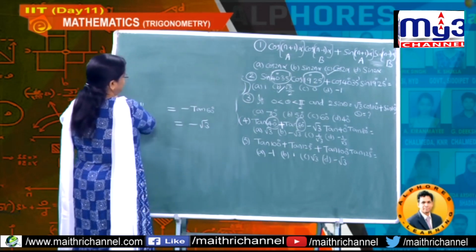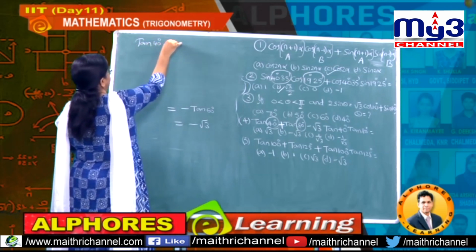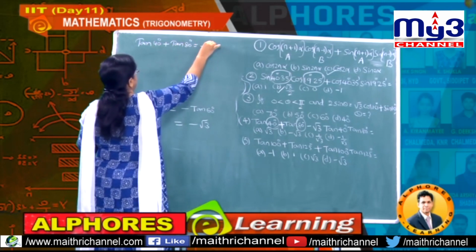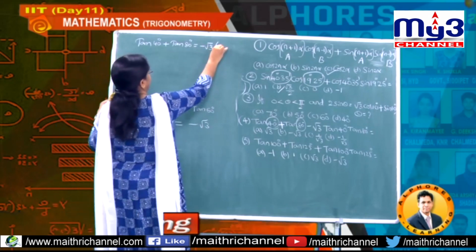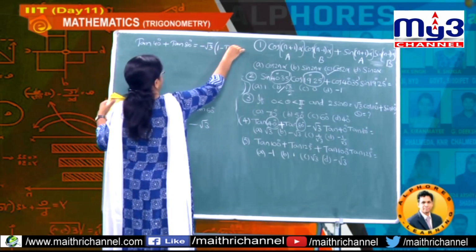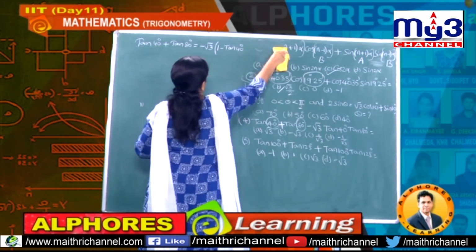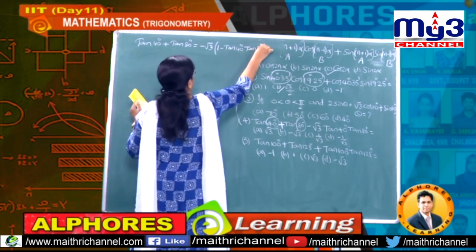So if I write cross multiplication, tan 40 plus tan 80 equal to how much will you get now? Minus root 3 times the entire denominator, that is 1 minus tan 40 into tan 80 degrees, okay. So you got this value.